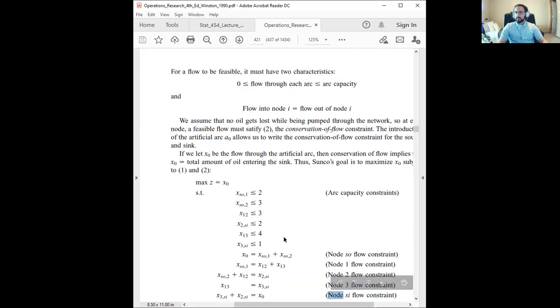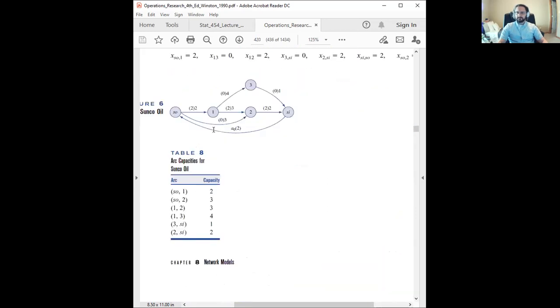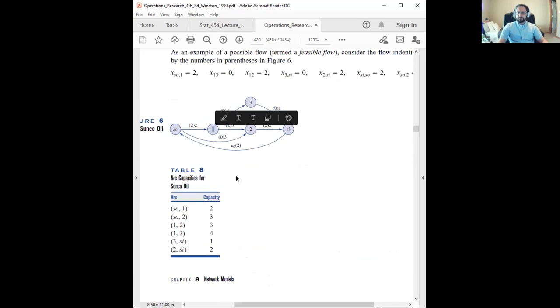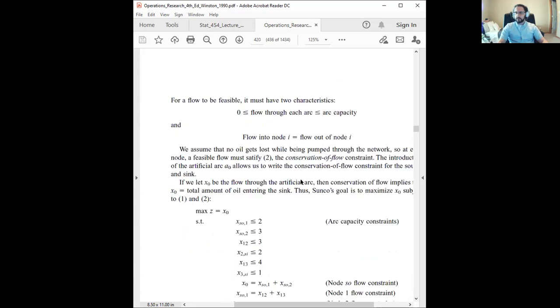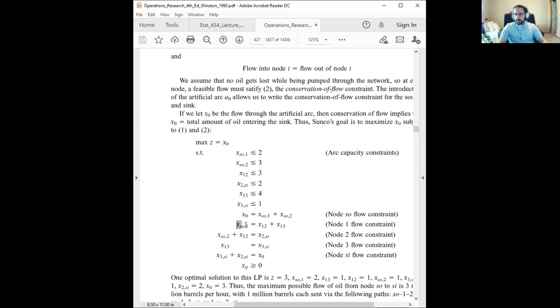So let's go up to this figure. Let's take a look at node 1. Look at the flow into node 1. There's from source to 1, and it has to balance out from 1 to 3 and 1 to 2. So source to 1 balances out with 1 to 2 and 1 to 3 right there.